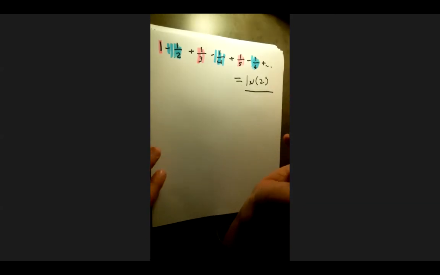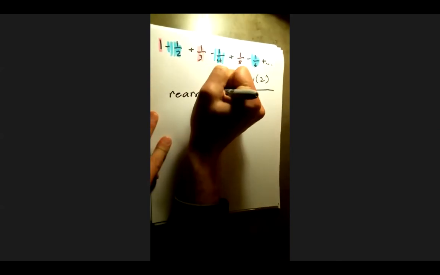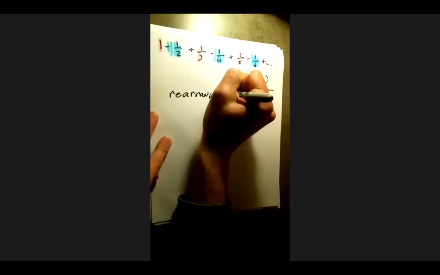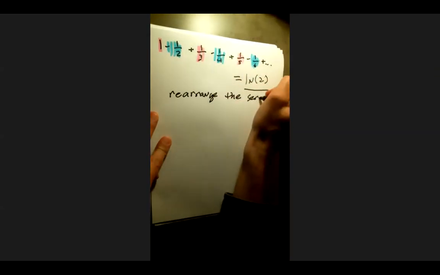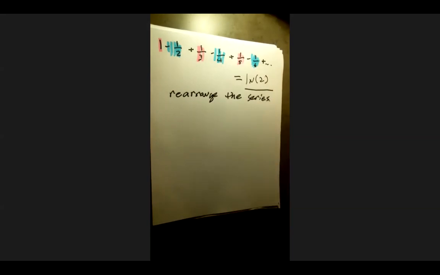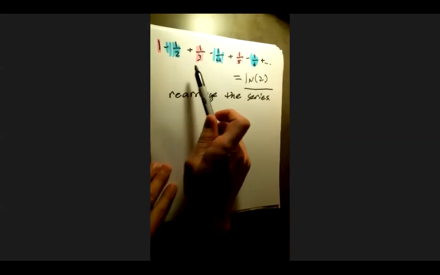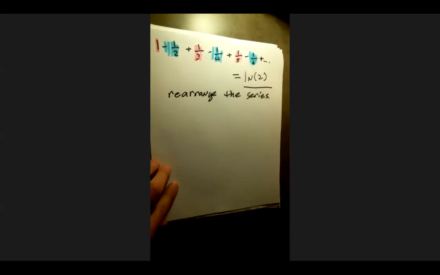Now what I'm going to do is rearrange the terms. It's going to take me a few steps to get there. To start with, I'm going to take that original series and multiply by 1/2.